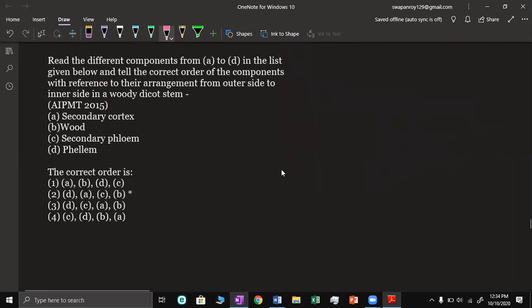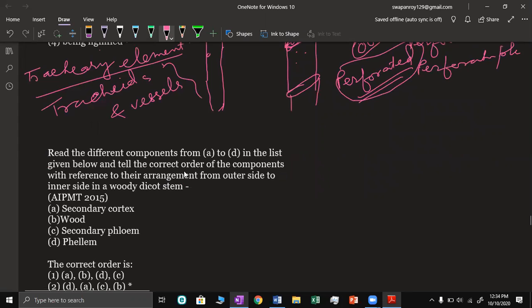Next one. Read the different components from A to D. See here, A, B, C, D. Different structures are there in the list given below, and tell the correct order of the components with reference to their arrangement from outer side to inner side of a woody dicot stem.